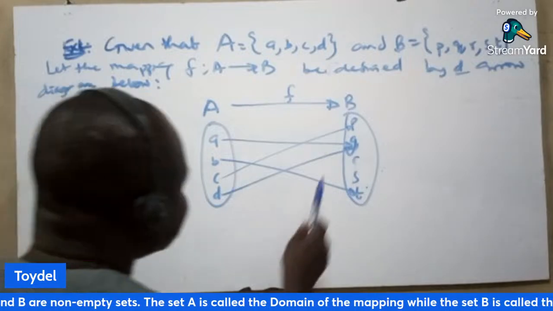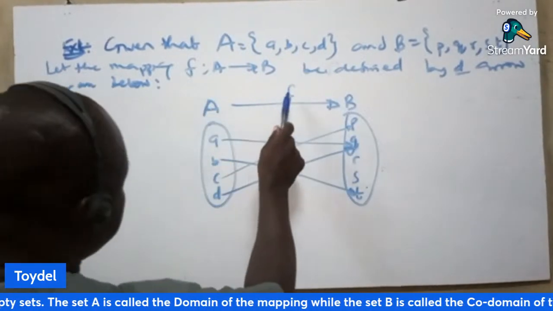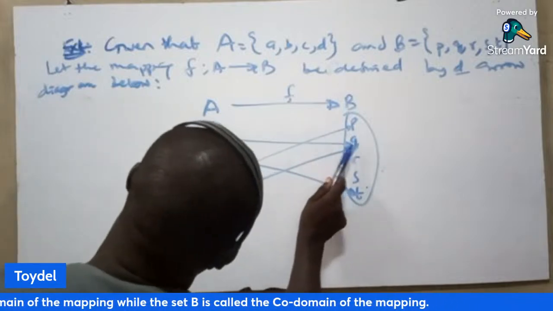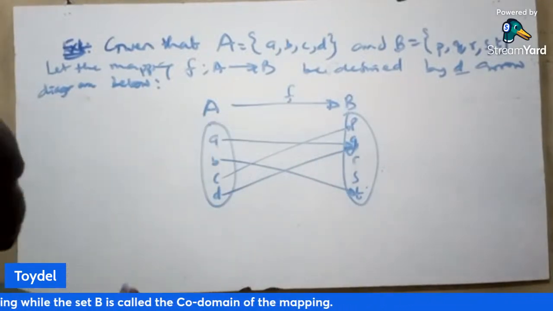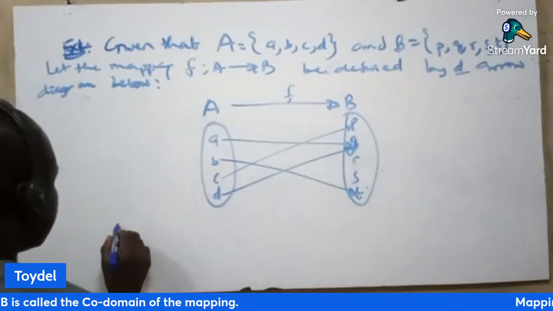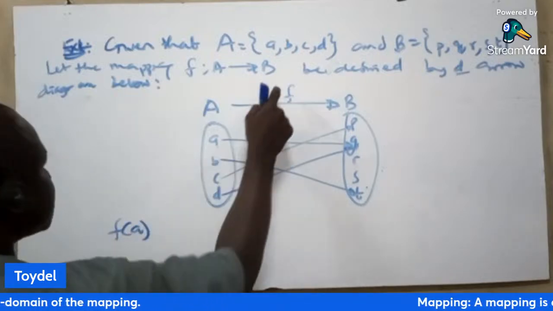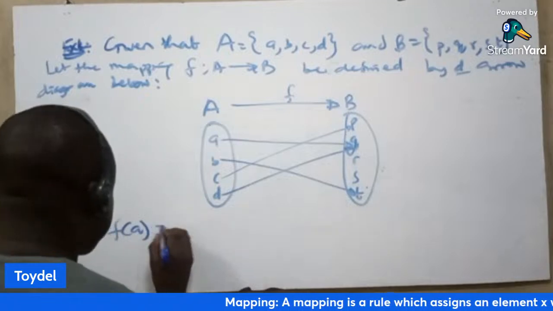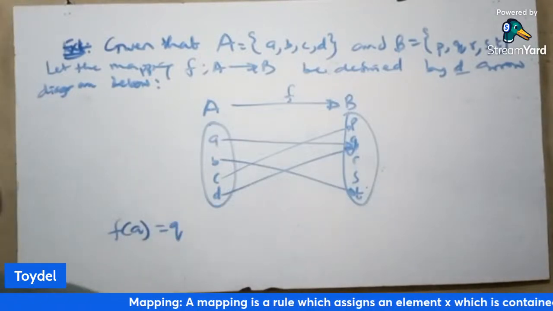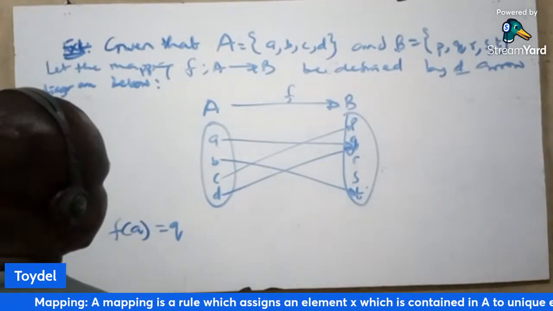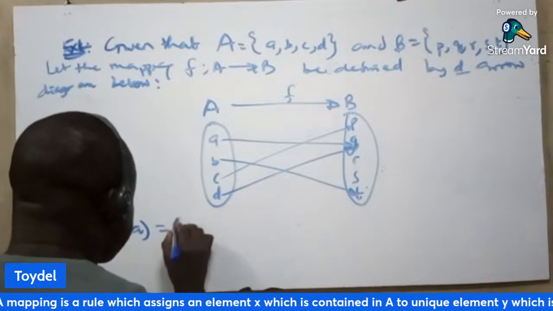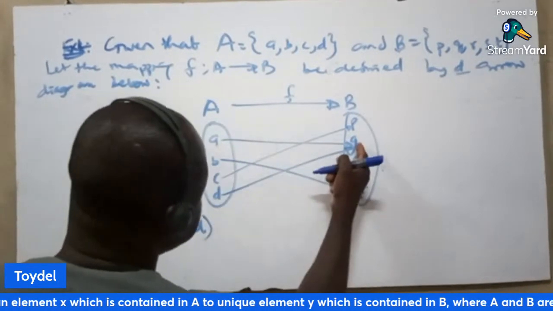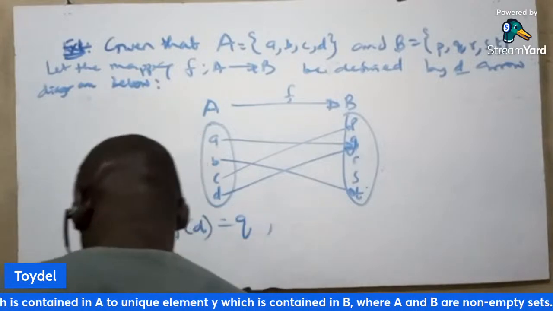So how do we get the codomain? If we operate f on each of these elements, we are going to get the image at the codomain. So let me start from A. f of A, if we operate this mapping function on A, what do we get? We are going to get Q. Also f of D is equal to Q, because elements A and D have the same image at the codomain.